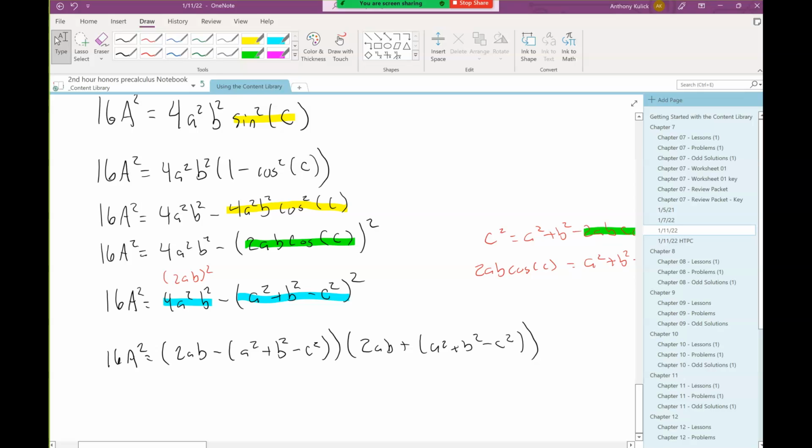Okay. So if I do a little bit of rearranging now, let's see what happens here. Well, I guess I'll distribute the negatives through. So I have a positive c squared, and then I have a minus a squared, positive a squared, a negative 2ab, and then a positive b squared.